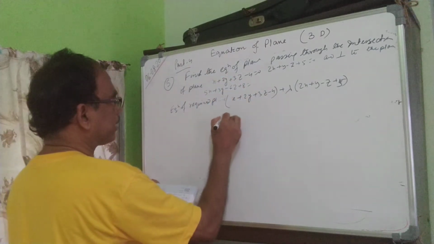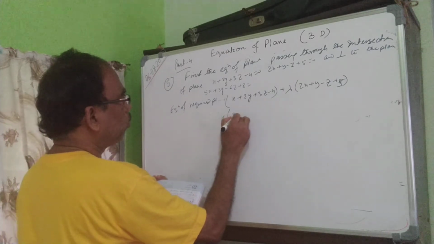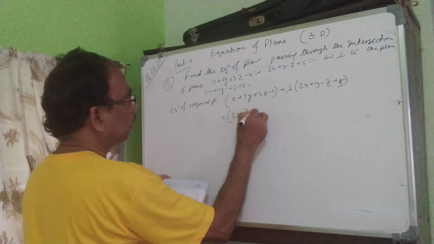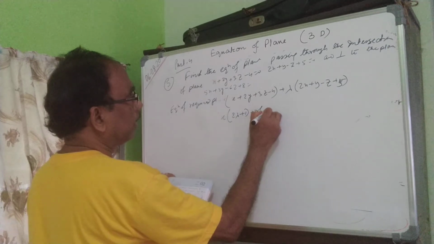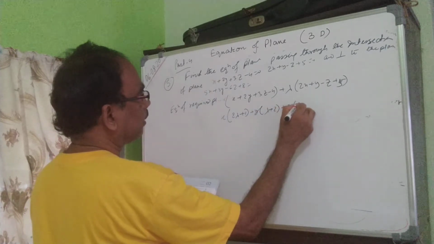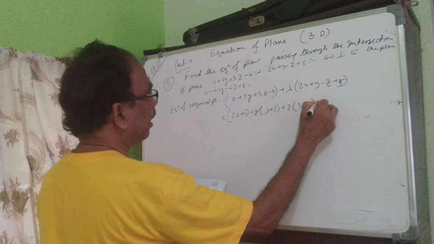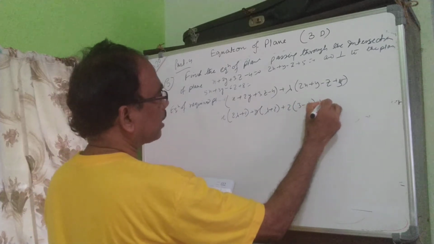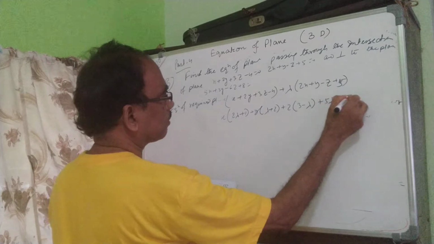Here we are taking x times (2 lambda plus 1), y times (lambda plus 2), z times (3 minus lambda), plus 5 lambda minus 4.